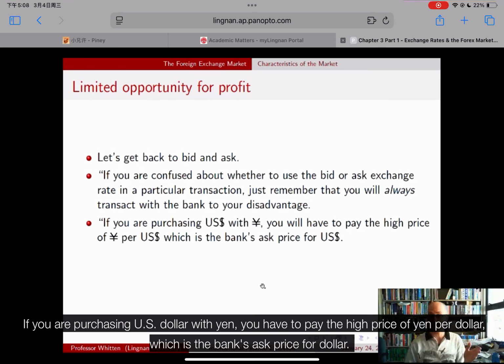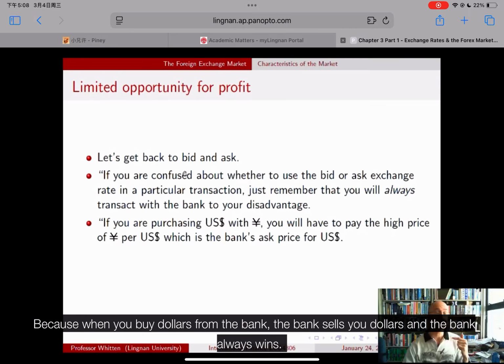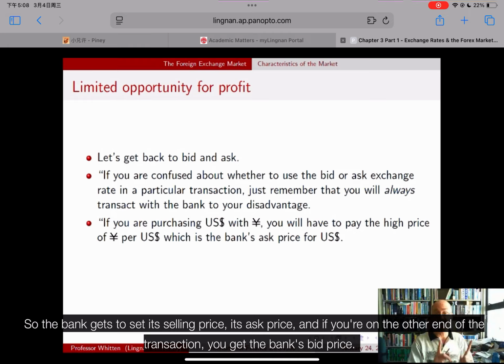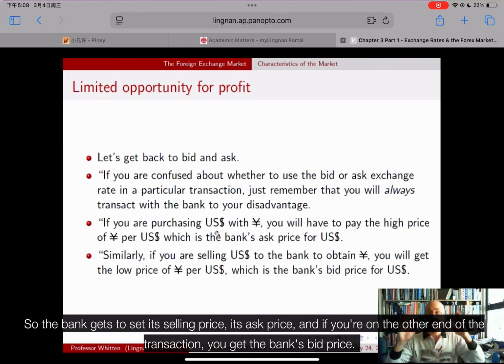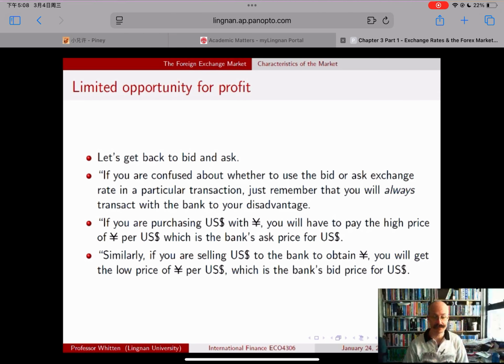If you are purchasing US dollar with yen, you have to pay the high price of yen per dollar, which is the bank's ask price for dollar. Because when you buy dollars, the bank sells you dollars. And the bank always wins, so the bank gets to set its selling price, its ask price. And if you're on the other end of the transaction, you get the bank's bid price. Okay.